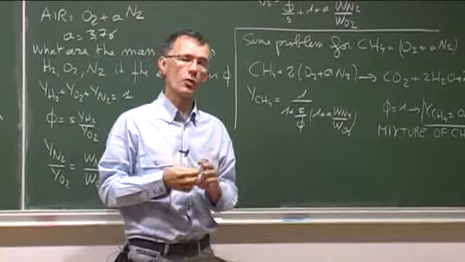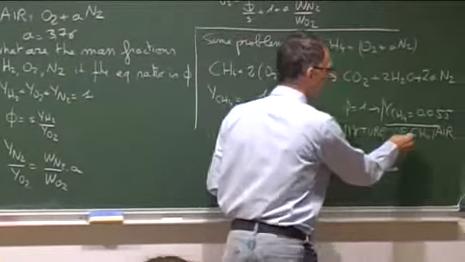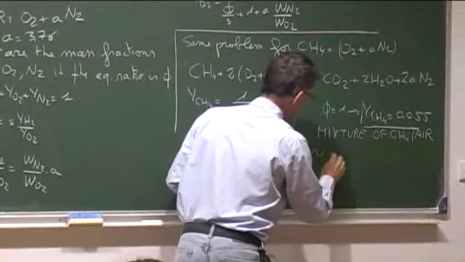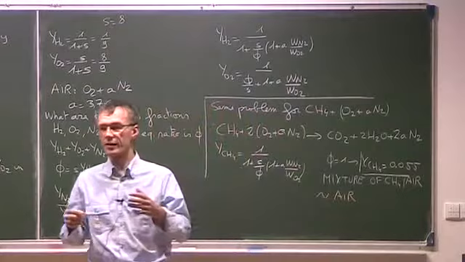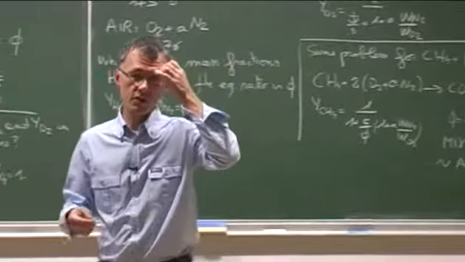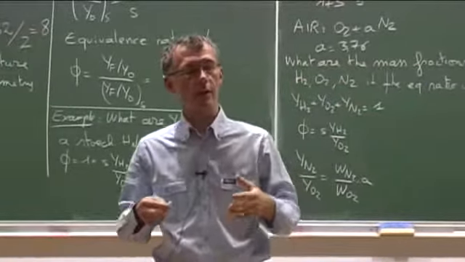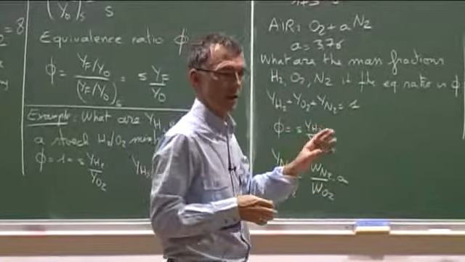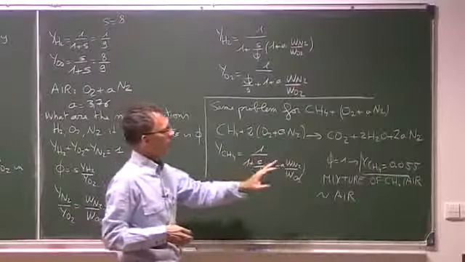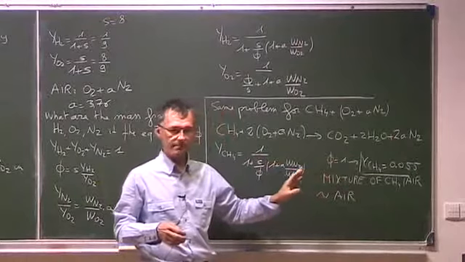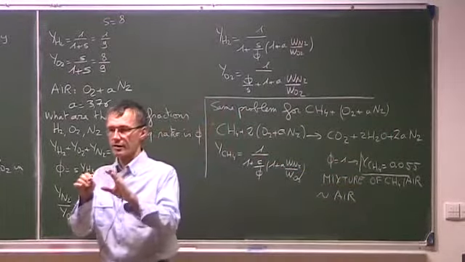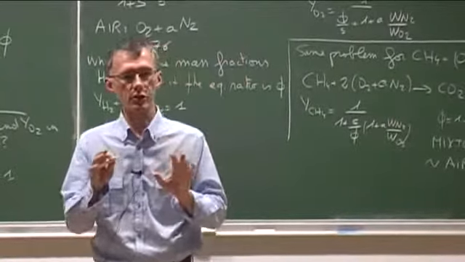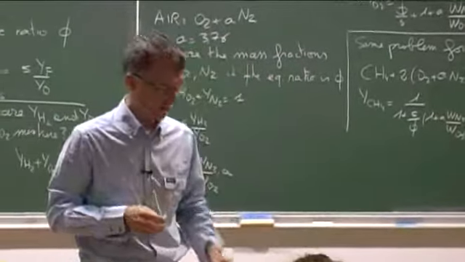So that will be useful for us because it suggests that a mixture of methane and air will not be far from air when it comes to questions like viscosity, diffusivity, heat capacity, all these things. So we will use this property in certain theories to be able to simplify the problem, okay? Just to say that basically the fact that we add a little bit of gas in our air doesn't change too much the properties of this air.